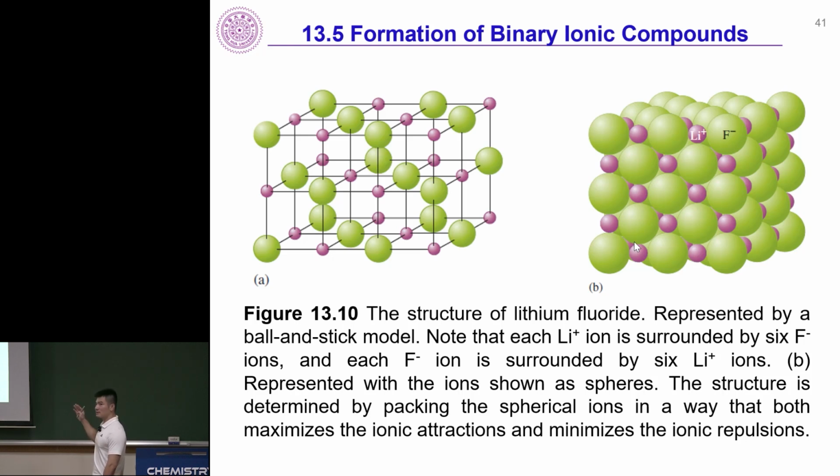It's also a synonym for face-centered cubic. They are the same: cubic closest pack, CCP, and face-centered cubic, FCC. They are the same thing. Don't worry, it's a lot. We will come back to this. Okay?